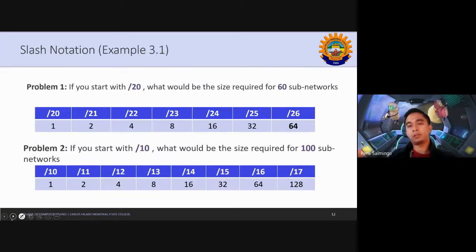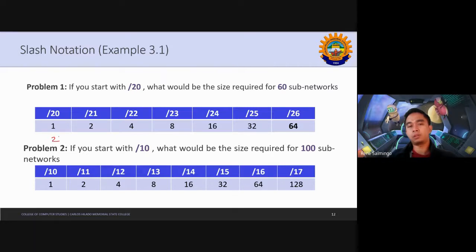When we say subnetworks, we are going to divide each into 60 subnetworks. So how do we start? Since we start with /20, we need to count from /20.